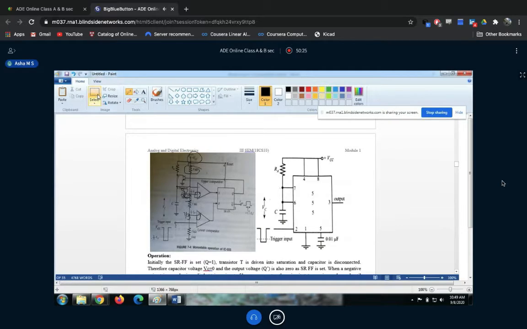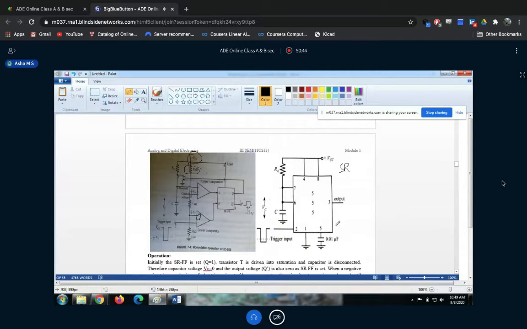Coming to the working of this SR flip-flop, you have already studied this in your previous semester. In this semester, in the same subject, you're going to see the detailed working of the SR flip-flop.